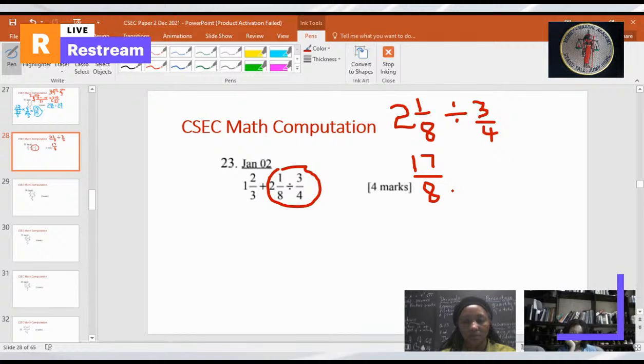And then change the division sign to multiplication, and flip the last fraction to 4 over 3.